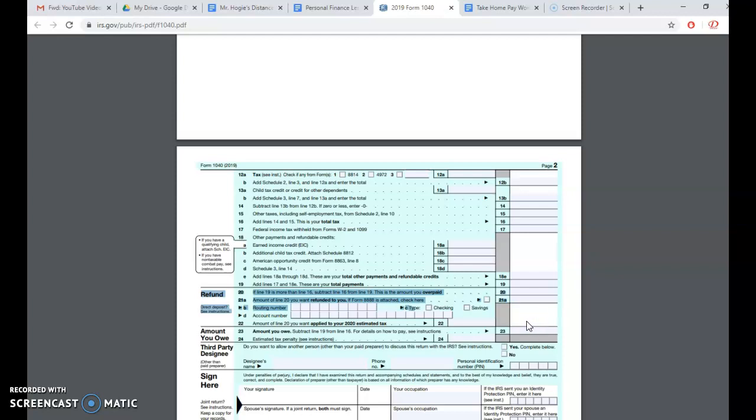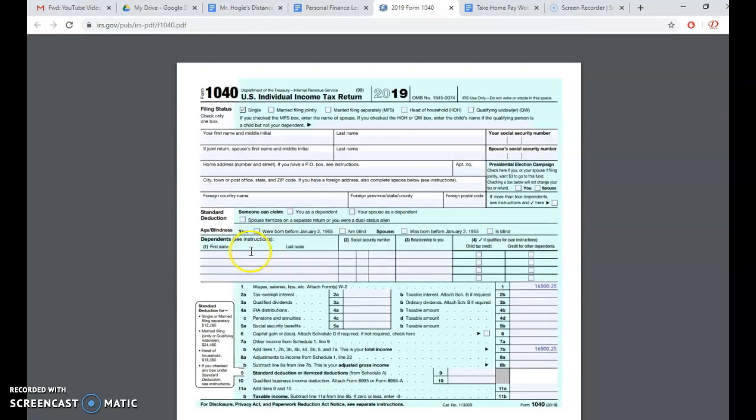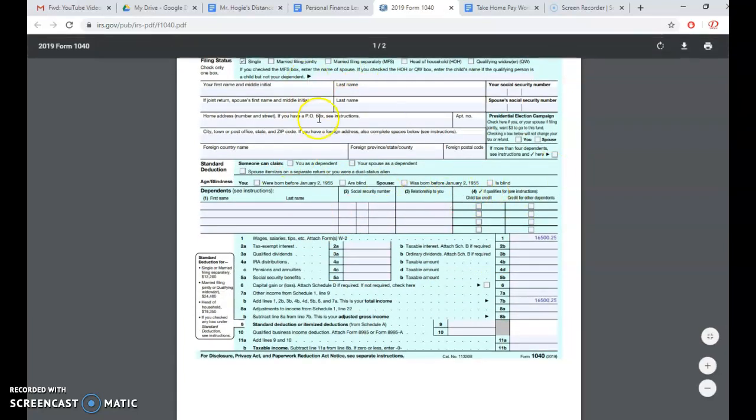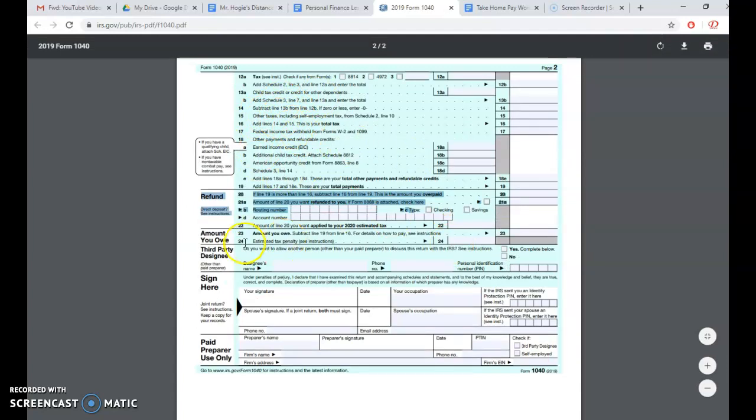It's pretty straightforward after you get over the fact that it looks like a lot of information. Really we only spent about 5 minutes going through this top part. The bottom part is very straightforward. All of the rest of this stuff, your signature, your occupation, is pretty simple.